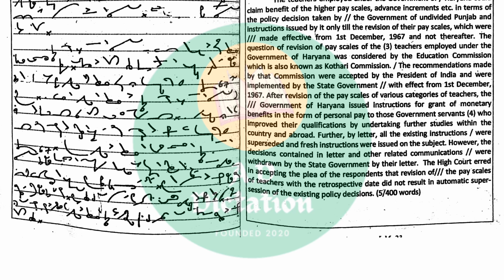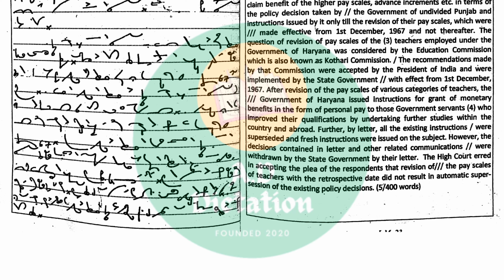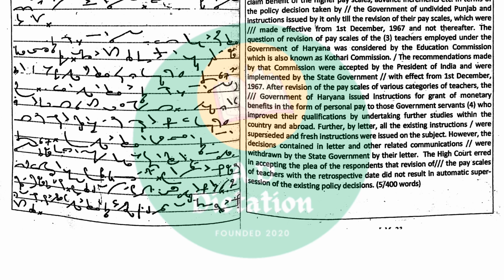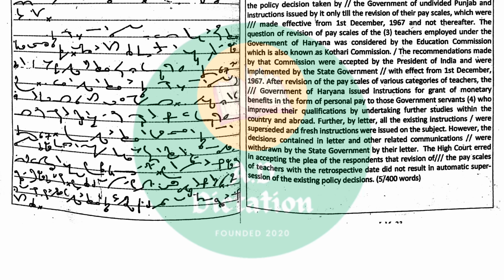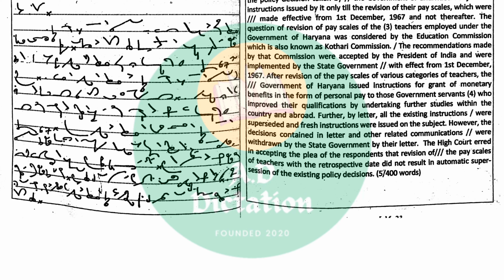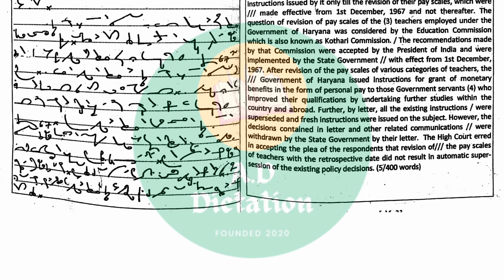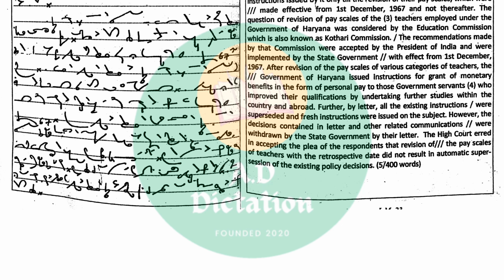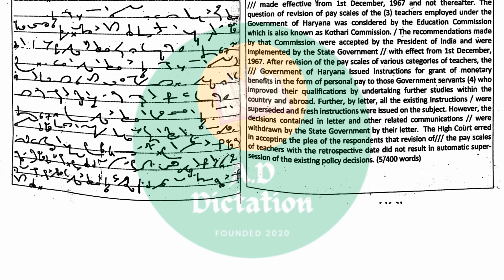However, the decisions contained in the letter and other related communications were withdrawn by the state government. The High Court erred in accepting the plea of the respondents that revision of the pay scales of teachers with retrospective date did not result in automatic supersession of the existing policy decisions.